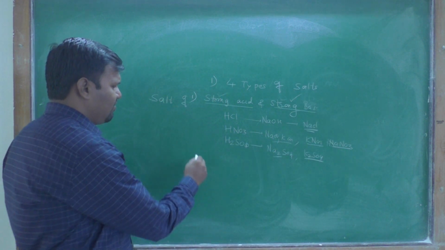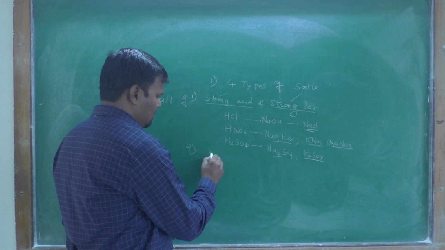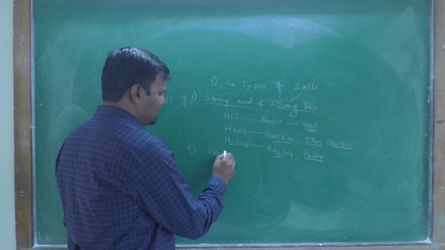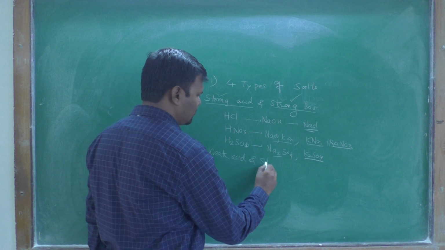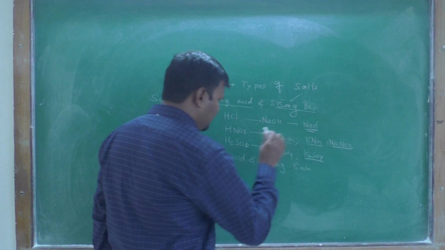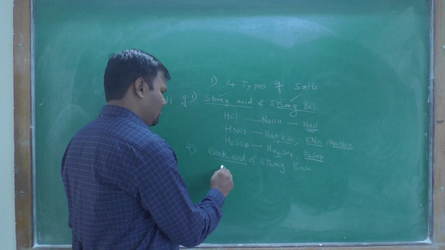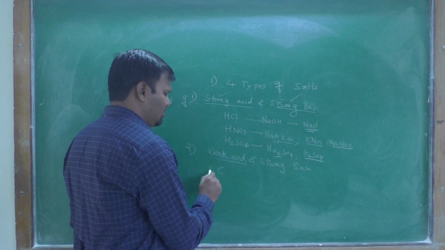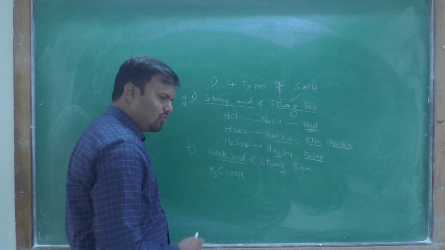Second type, we have the weak acid and a strong base. This salt is made up of, for example, CH3COOH, which is a weak acid that dissociates in less amount.